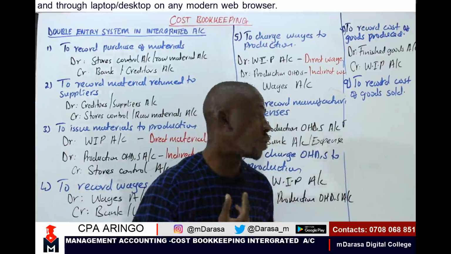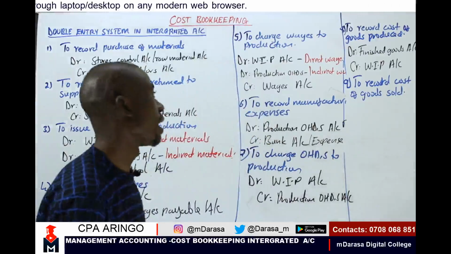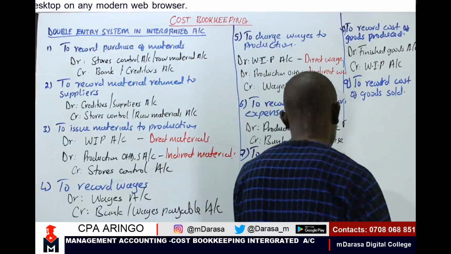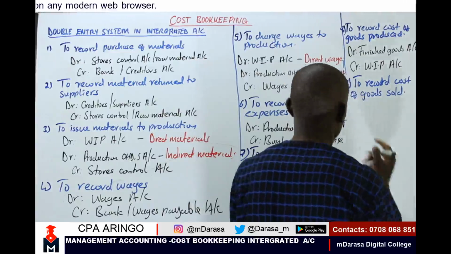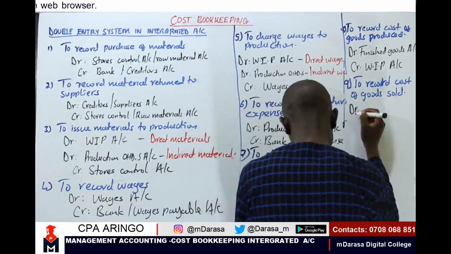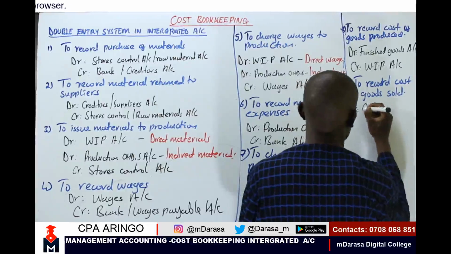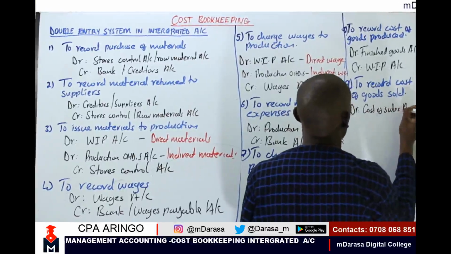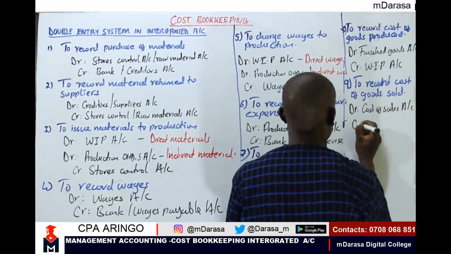Whenever you're talking about recording cost of goods sold, of course, I know I'll be having these 2 accounts. I'll be having the cost of sales account. So we are going to debit our cost of sales account, and we are going to credit which account?